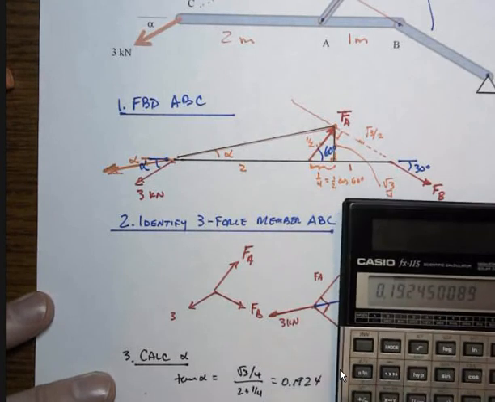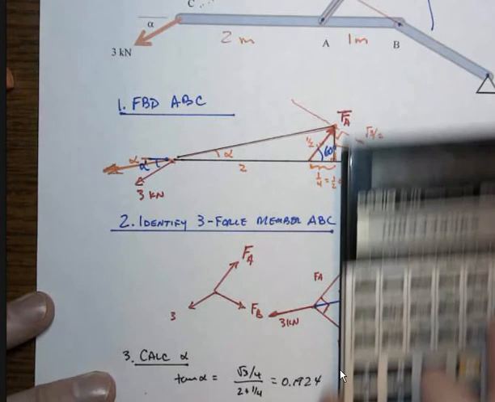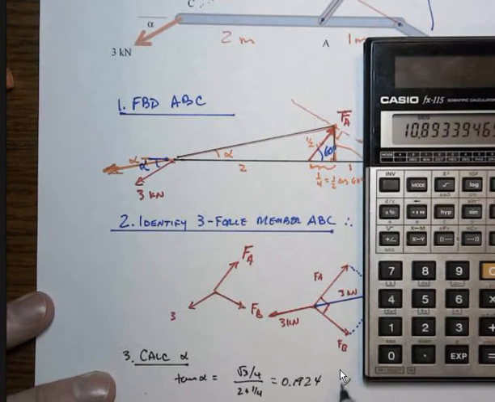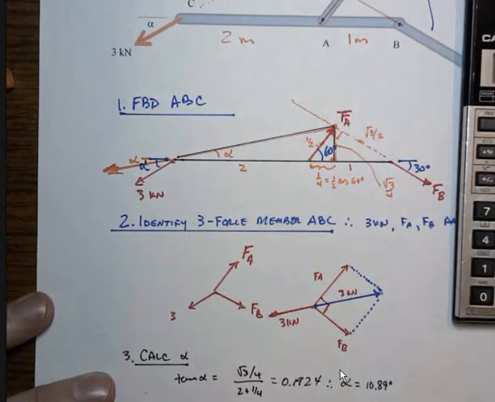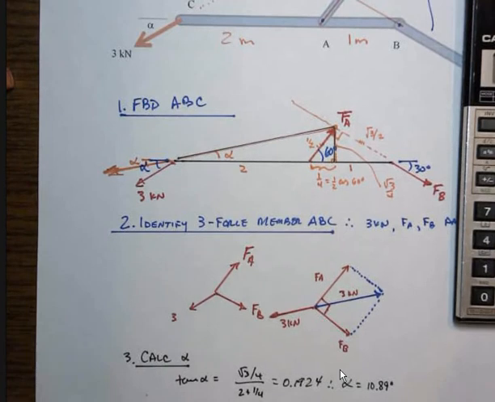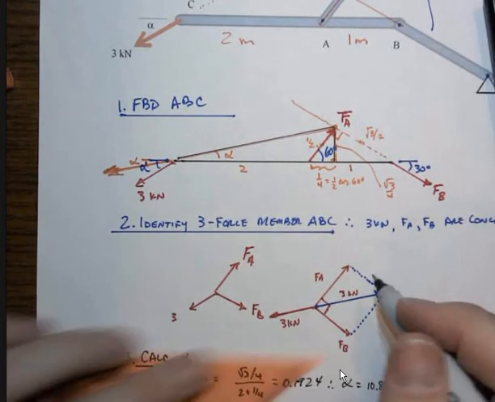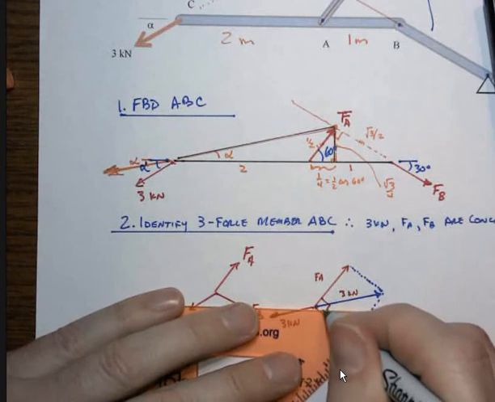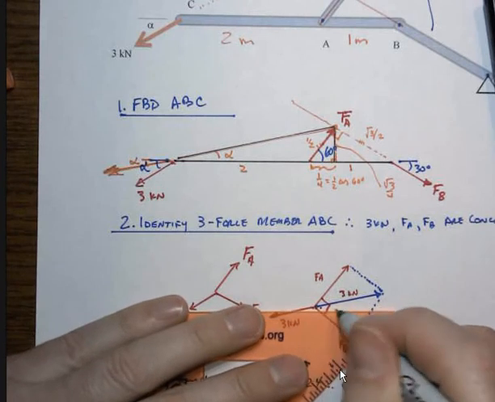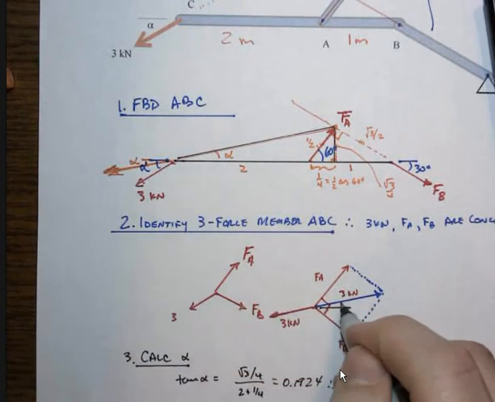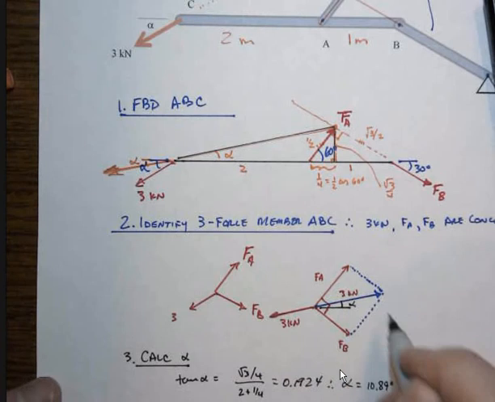Take the inverse of tangent, and I get 10.89 degrees. Right? And that's pretty powerful and useful. I can come back in here if I really want to work this problem in maybe a very long way. I know with respect to the horizontal that the 3 kilonewton resultant has to be at alpha, 10.89 degrees.